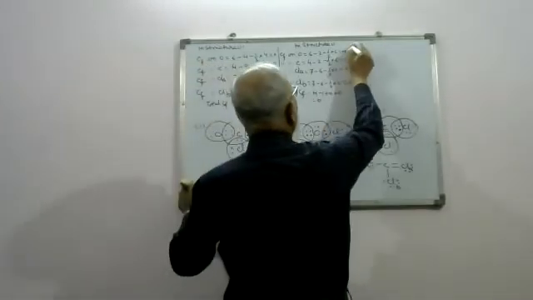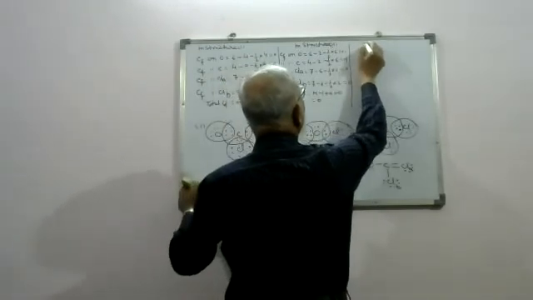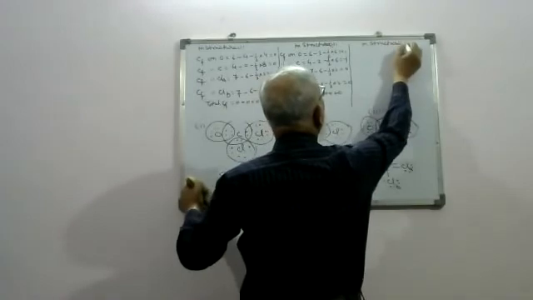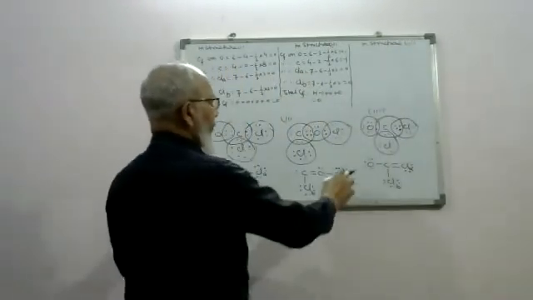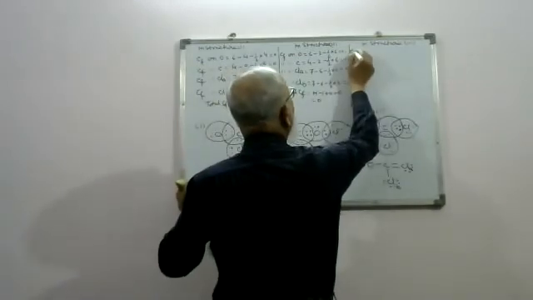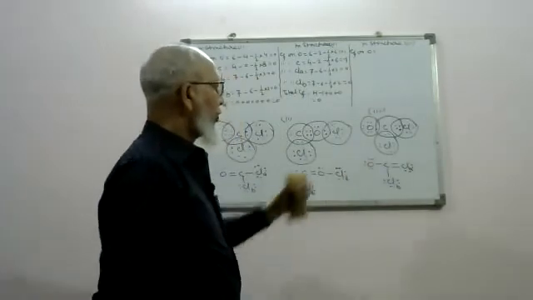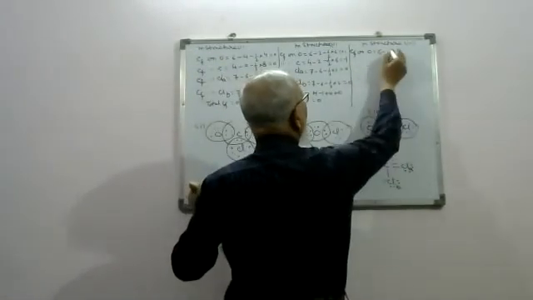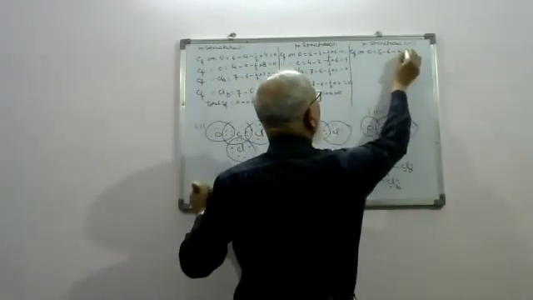Now in the third structure, FC on oxygen. This will be equal to 6 valence electrons minus unshared 6 minus shared 2, 1 by 2 into 2.